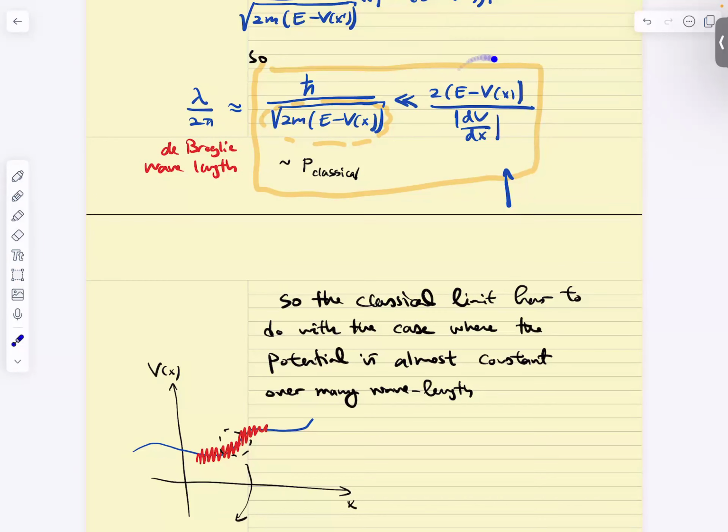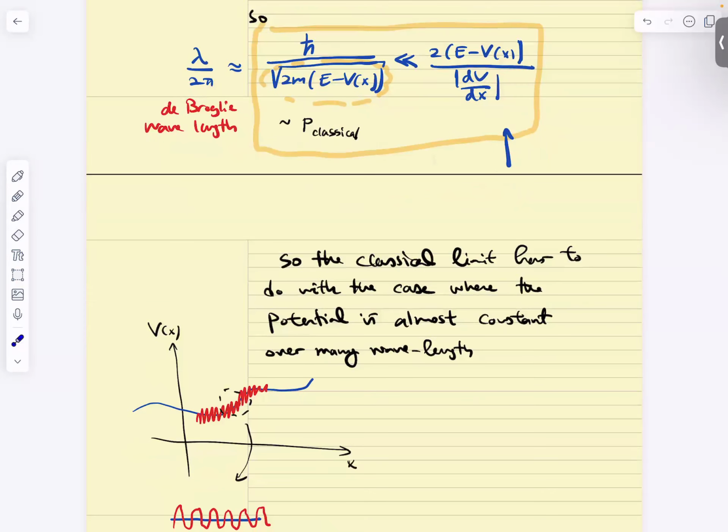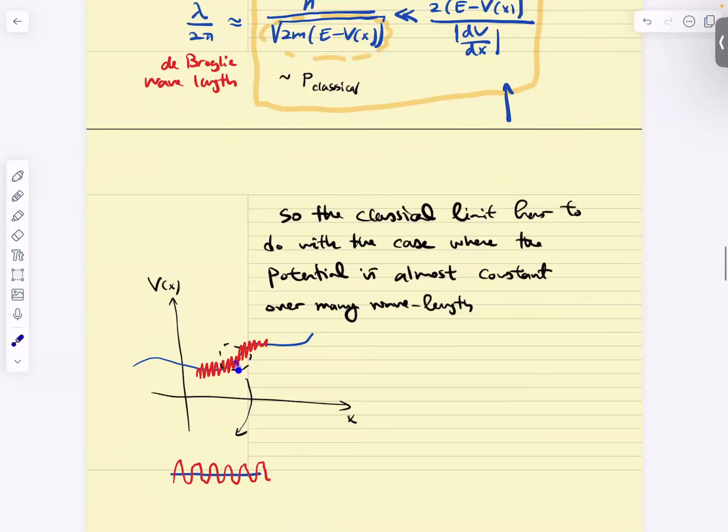This quantity. And you could convince yourself this quantity is basically talking about the range of changes, the scale at which the potential changes, right? So it basically means that you're working in an approximation where the potential in space changes very smoothly, very slowly compared to the oscillations in the phase of the wave function. That's the approximation.